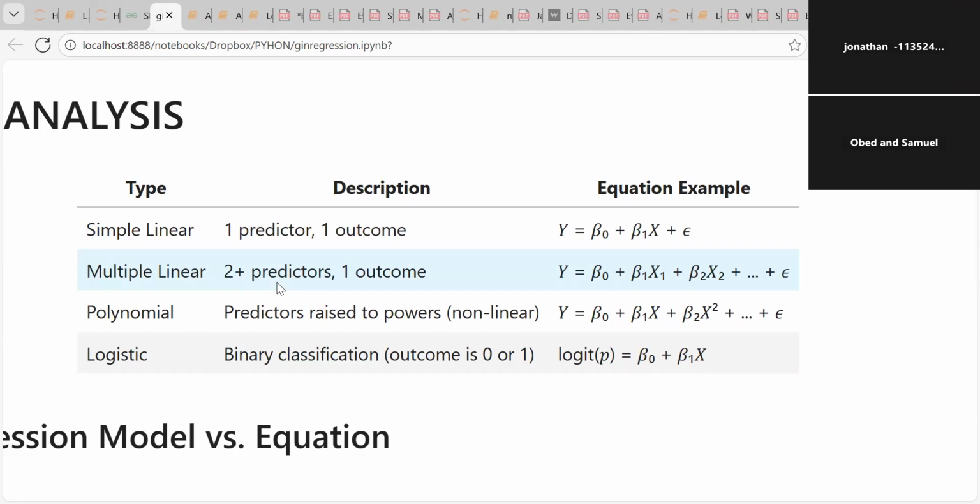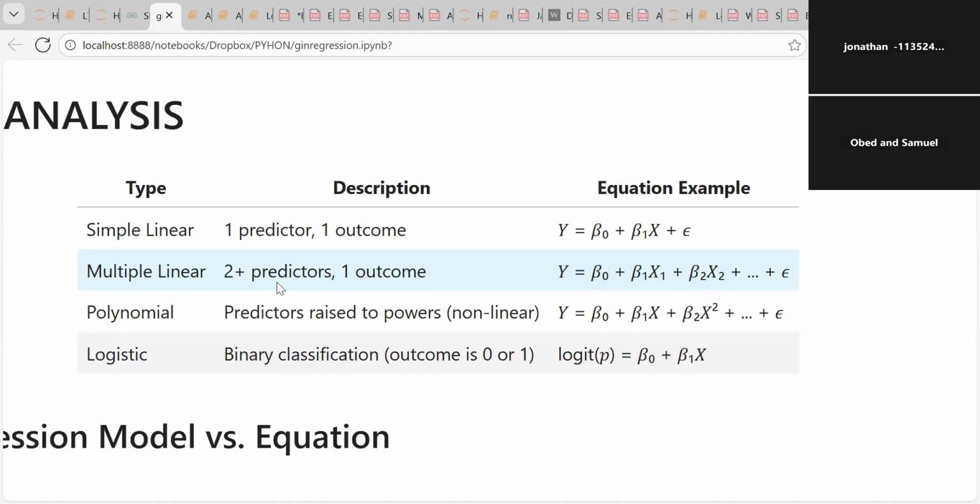Haruna. Hello. So I think simple regression has just one predictor and one outcome. And multiple has two or more predictors, but one outcome or one target variable.